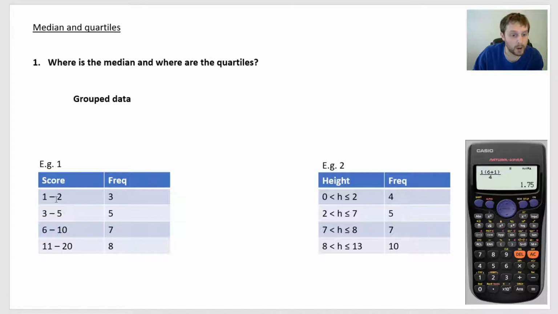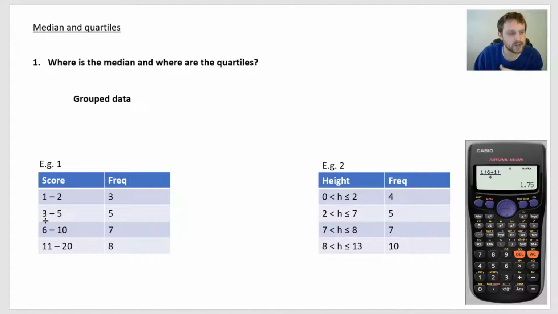It would look like 1 up to 3. It would look like 3 up to 6. It would look like 6 up to 11. And it would look like 11 up to 21. And that's because someone is considered 2 years old right the way up until the day before they're finally considered to be 3. So there's this sort of layer of complication added on top.